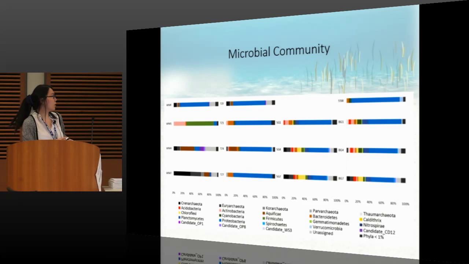I got around 1.5 million sequences, and let's take a look at this column. The 4 columns are from the 4 different sediment cores, and the seagrass and background cores look very similar. The microbial community just switches with depth.